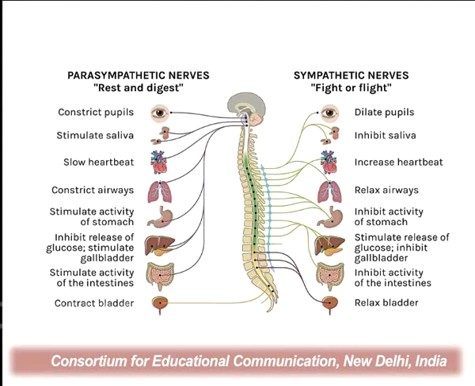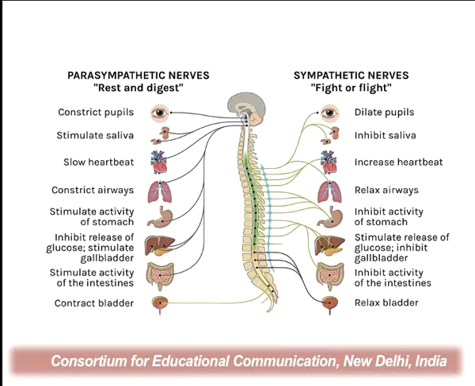So the parasympathetic nerves contract the pupil in the eyes, stimulate saliva, slow heartbeat, constrict airways, stimulate activities of stomach, inhibit release of glucose, stimulate gallbladder, stimulate activities of the intestines and contract bladder.